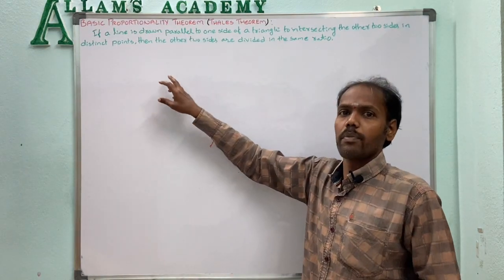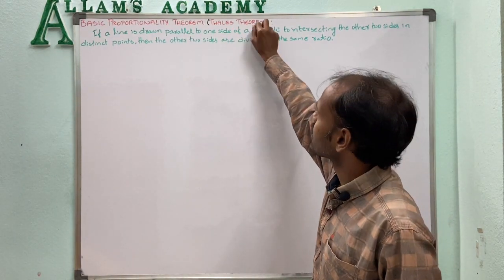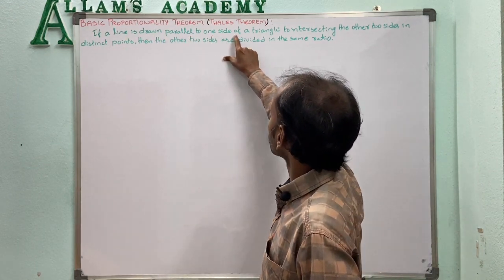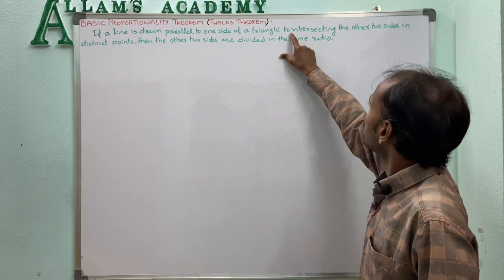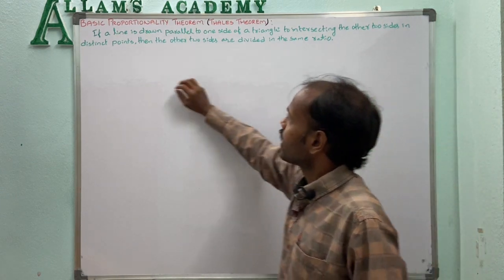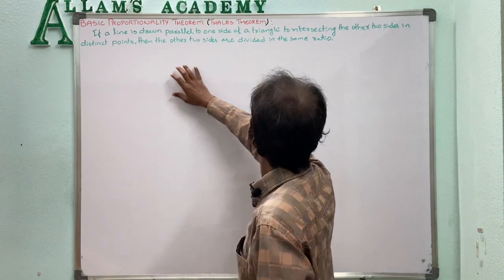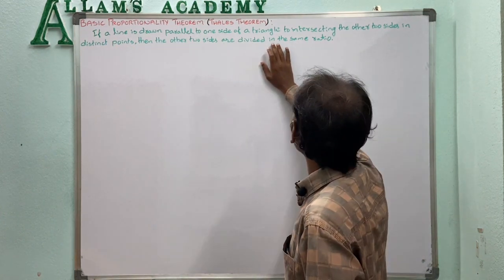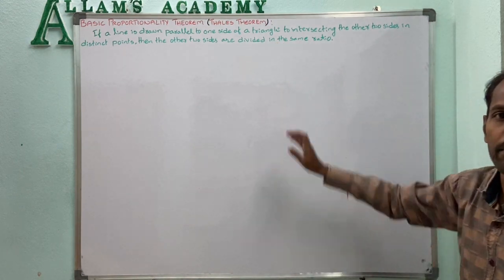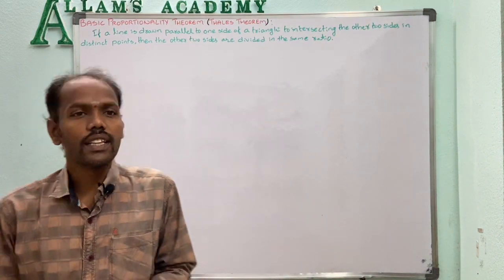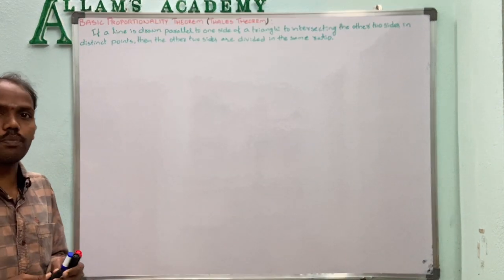The basic proportionality theorem, Thales theorem, says: if a line is drawn parallel to one side of a triangle, intersecting the other two sides in two distinct points, then the other two sides are divided in the same ratio. Earlier we observed this with diagrams, now we want to prove it.